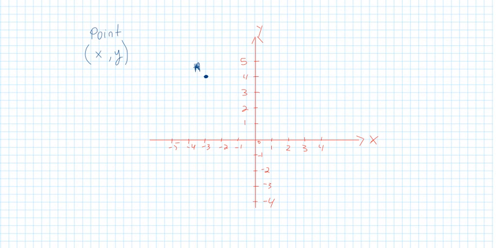So if I look at this point here, which is A, the x value is at negative 3, and the y value, so I have to put negative 3, comma, and the y value is at 4. Okay?